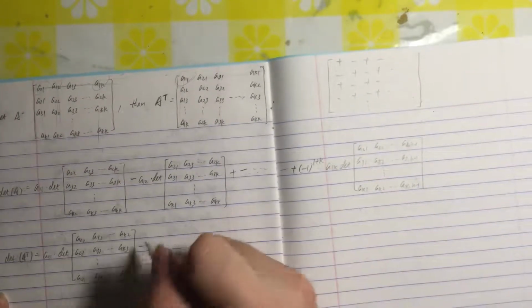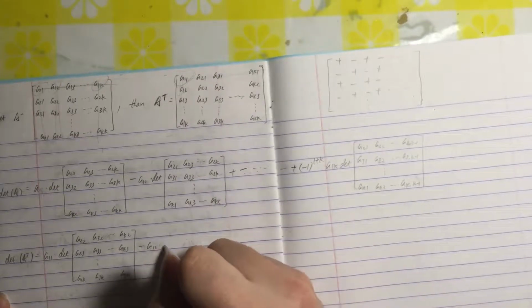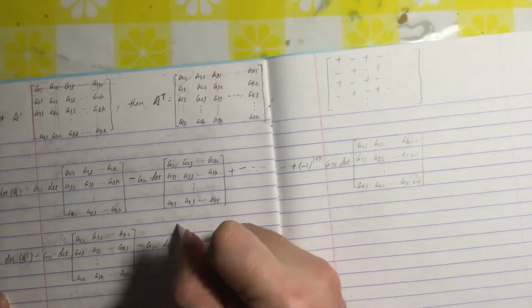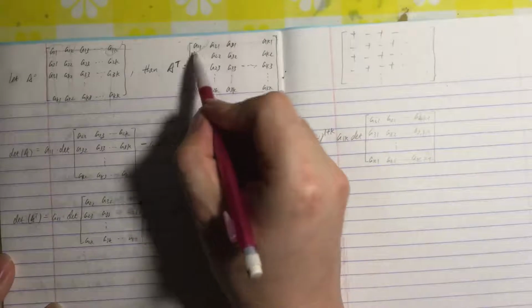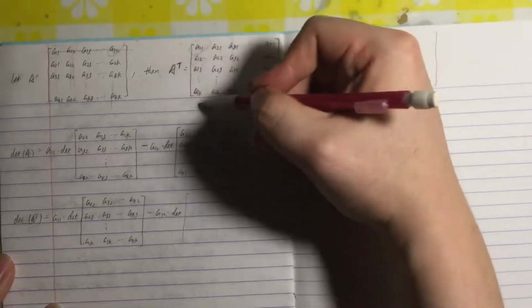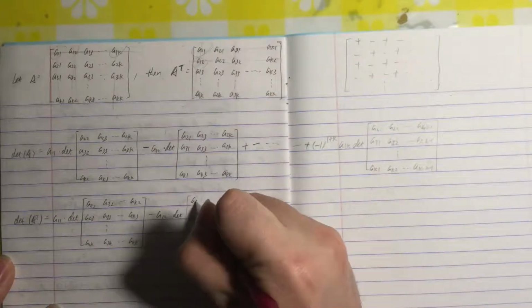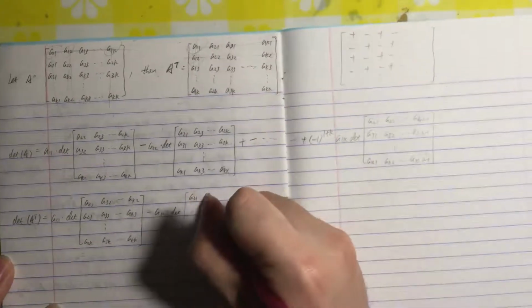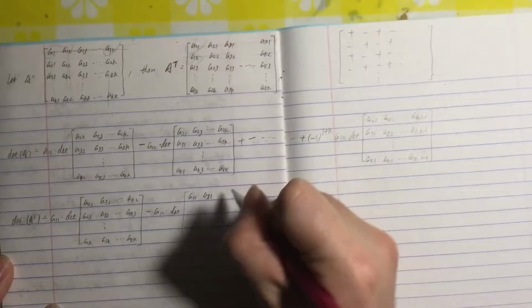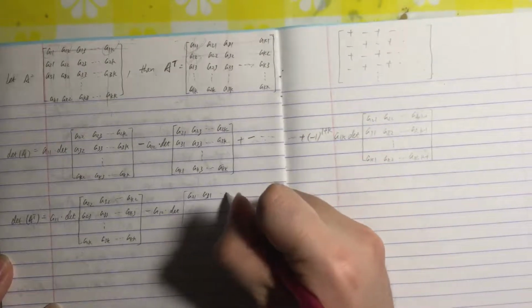Next, it will be negative A12 times the determinant of the submatrix by crossing out the second row and the first column. If I cross out the second row and the first column, the submatrix is A21, A31, and AK1 in the first row.